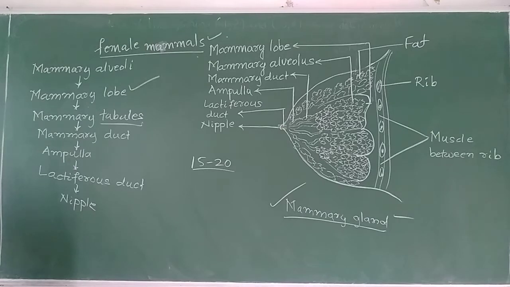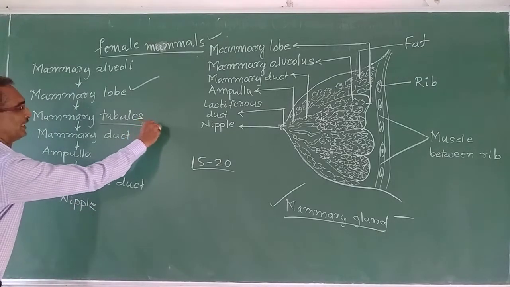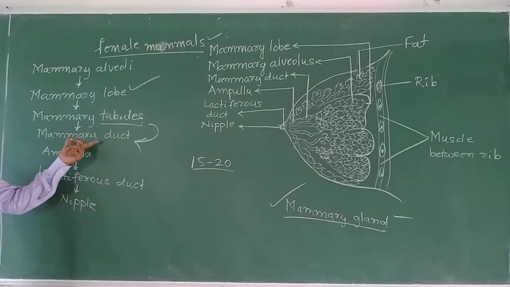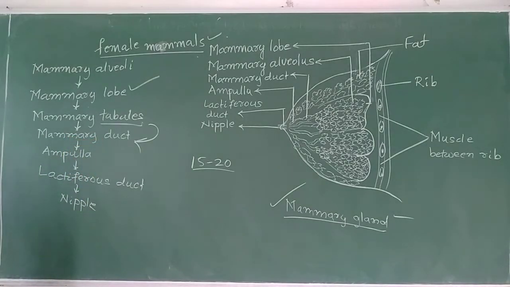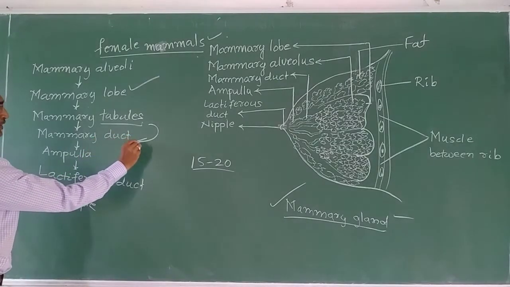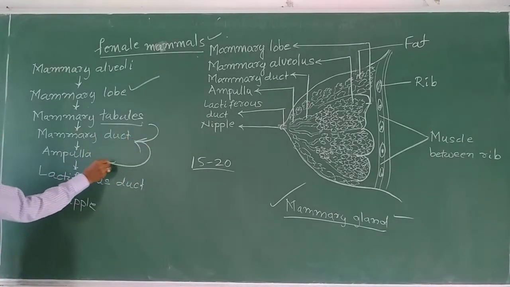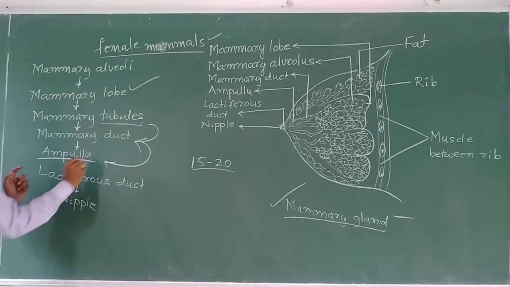And further, the tubules of each lobe are joined together and they make the mammary duct. Further, several mammary ducts join and form the ampulla.